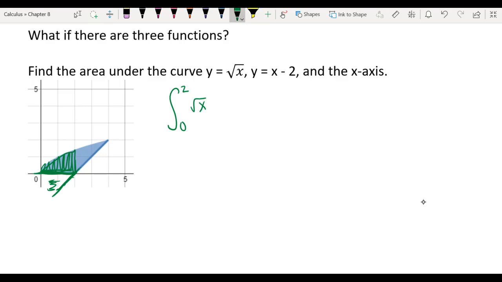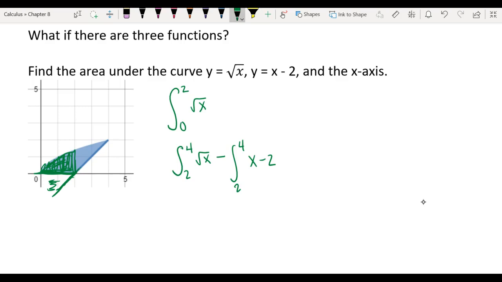Do you see how there's no equation under it? Yes. And then from 2 to 4, it's the integral of square root of x minus the x minus 2 part. So sometimes something like that happens, where you would find this, and then the two areas put together are your total area. Does that make sense? Yeah, you have to break it into two parts.